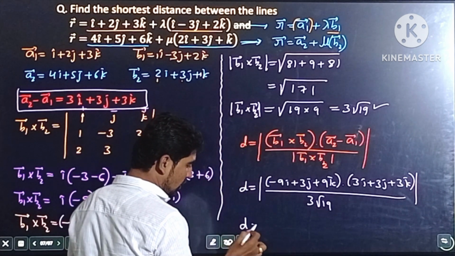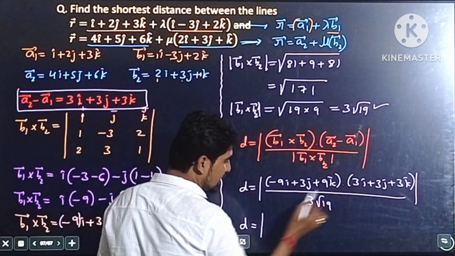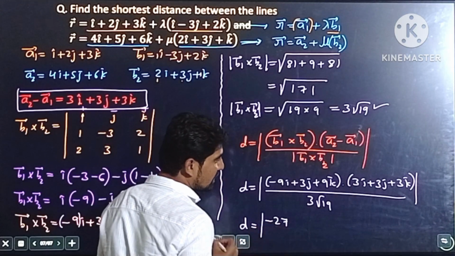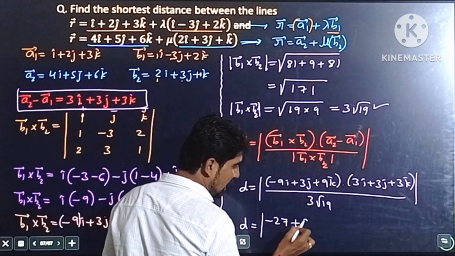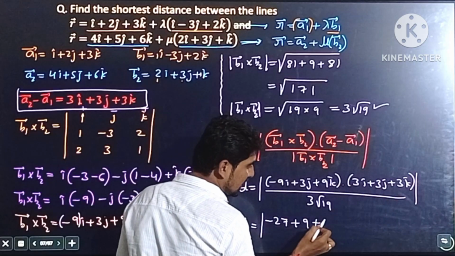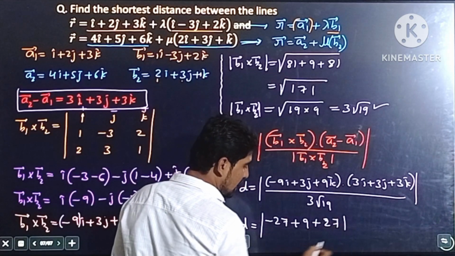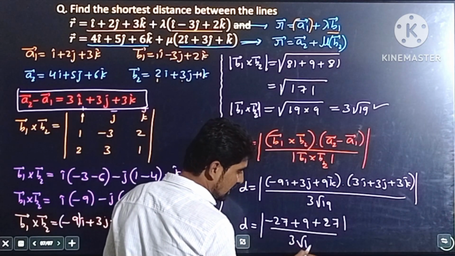Therefore d equals minus 9 into 3, minus 27, plus 3 into 3, 9, plus 9 into 3, 27, divided by 3 root 19.